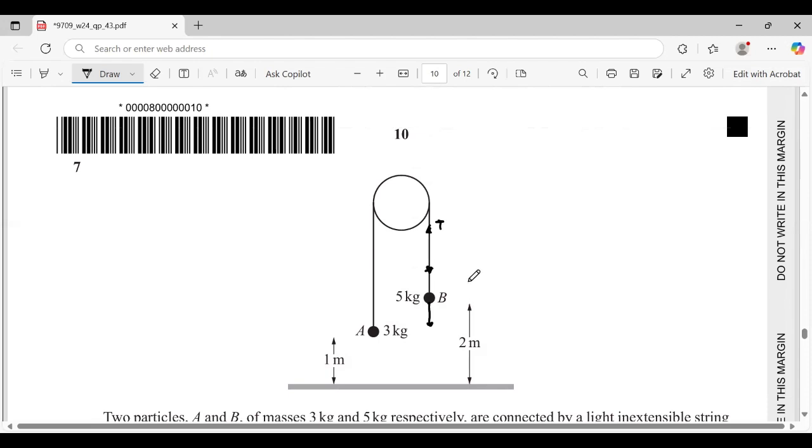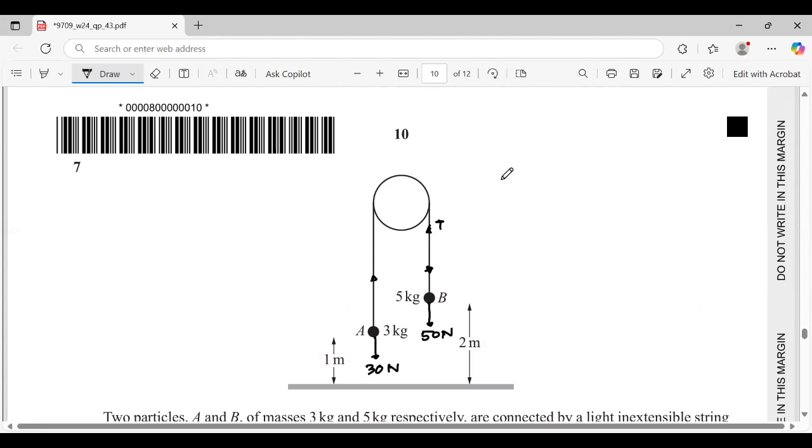It means 5 kilograms times 10, so this is 50 newtons, acting on particle B. Meanwhile, for particle A, the tension acts upwards, and there's also a force m times g, 3 times 10, 30 newtons.